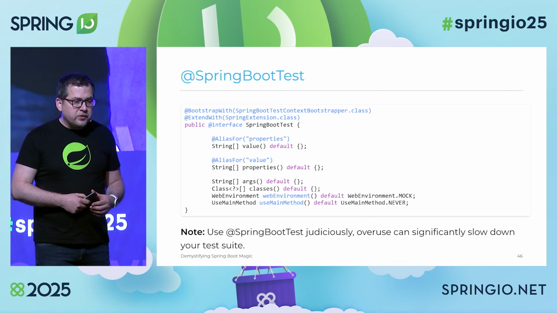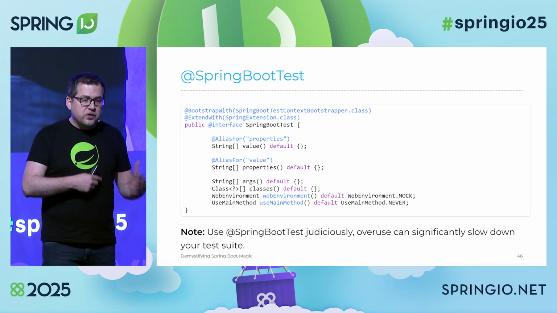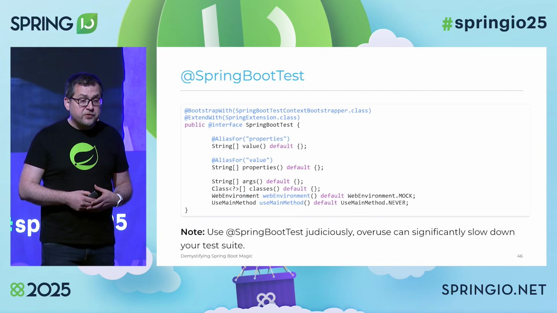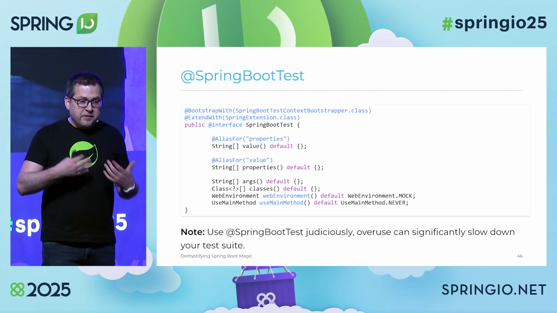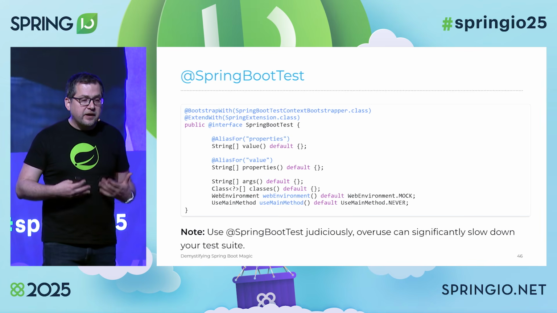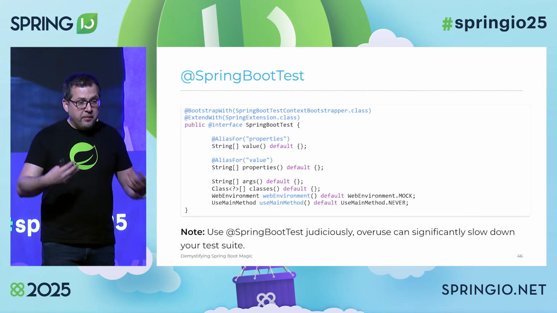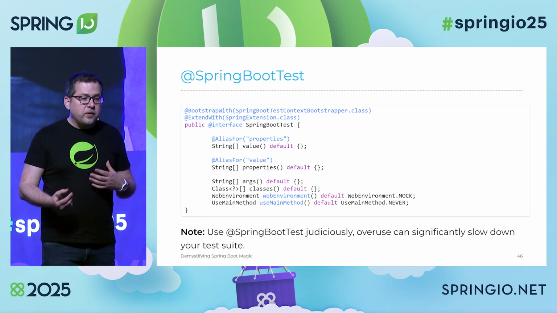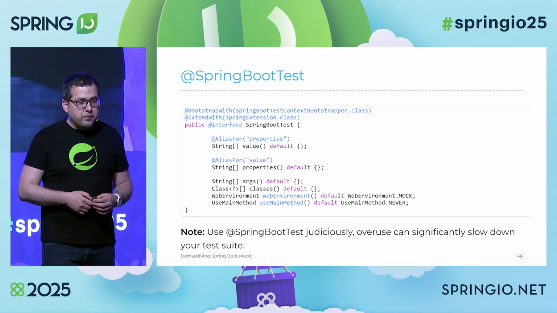If you look at this Spring Boot test annotation, actually you see here things like bootstrap with Spring Boot test context bootstrapper. So it's actually a specific way how Spring Boot test starts the test context here. And then actually we also see the parameters we can provide.